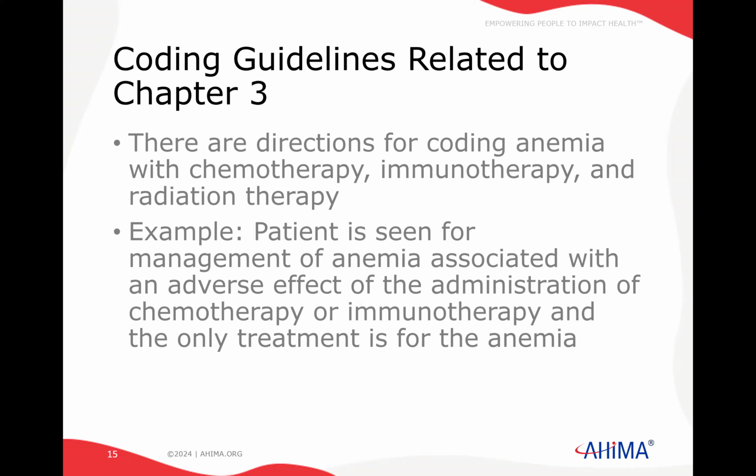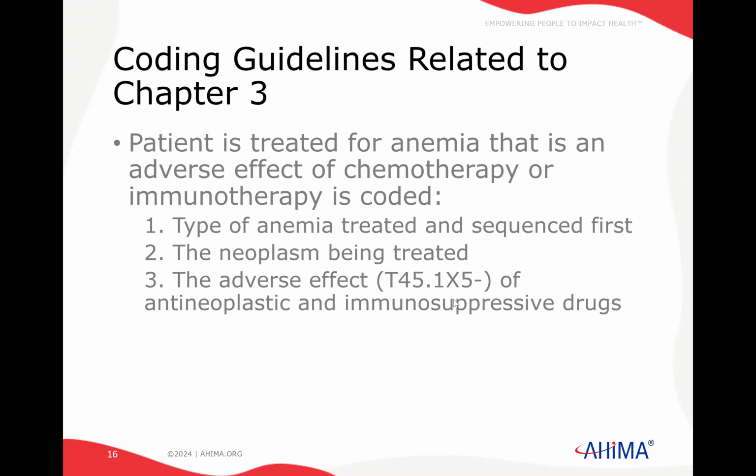There are different directions for coding anemia with chemotherapy, immunotherapy, and radiation therapy. So if we have a patient who's seen for management of anemia associated with an adverse effect of the administration of chemotherapy or immunotherapy, and the only treatment that the patient's having at that encounter is for the anemia, we would code the anemia first, then the cancer, and then the adverse effect of the chemotherapy.